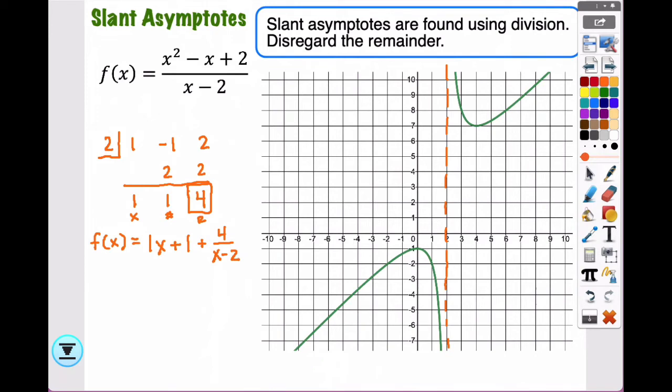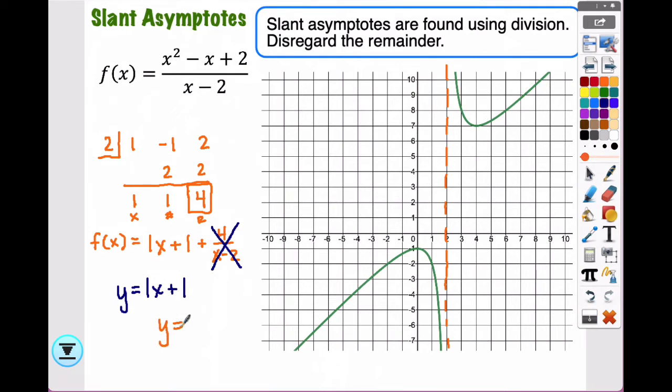The idea here is that as the x values get bigger and bigger, or negative bigger and bigger, 4 over some giant number is basically going to be nothing. So you are going to disregard the remainder. What we just found is that the line y equals 1x plus 1, or y equals x plus 1, is the slant asymptote.